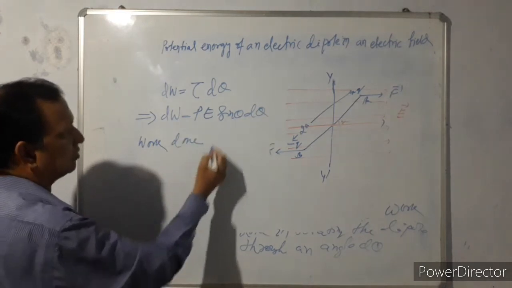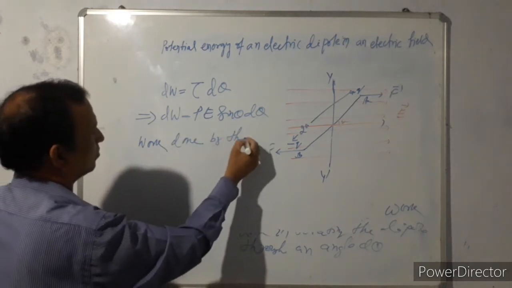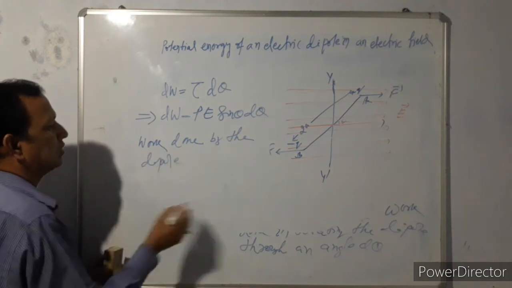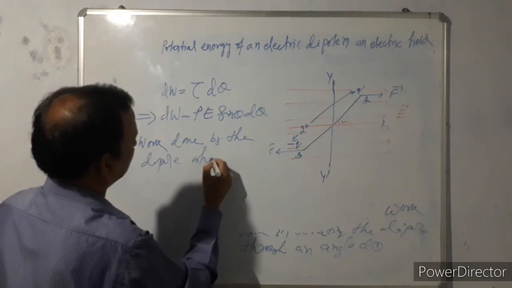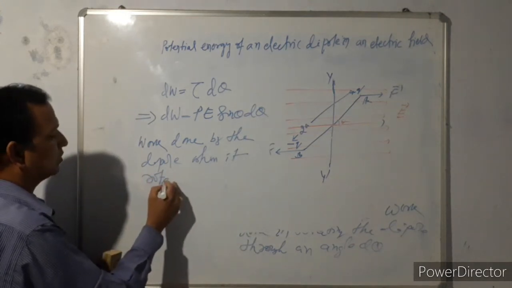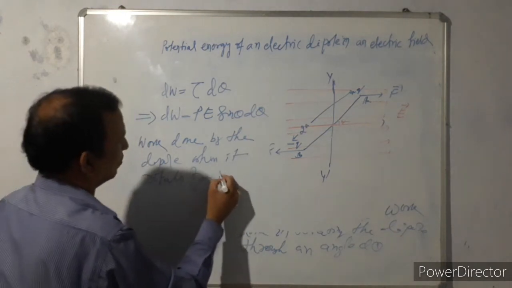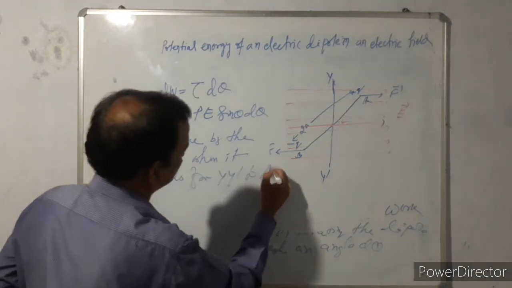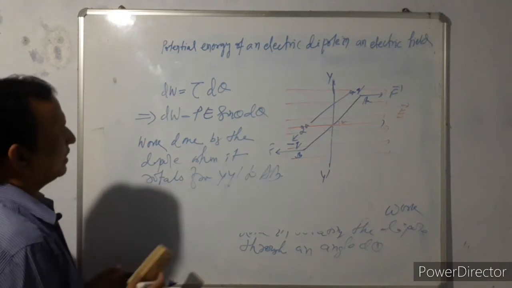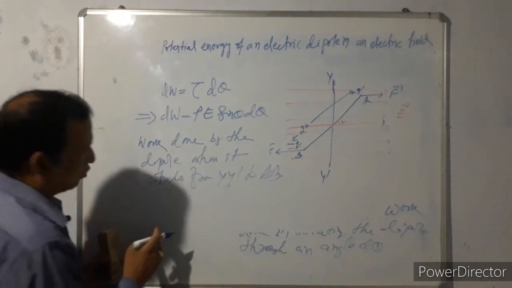Work done by the dipole when it rotates from y dash to AB, then we can find out this.